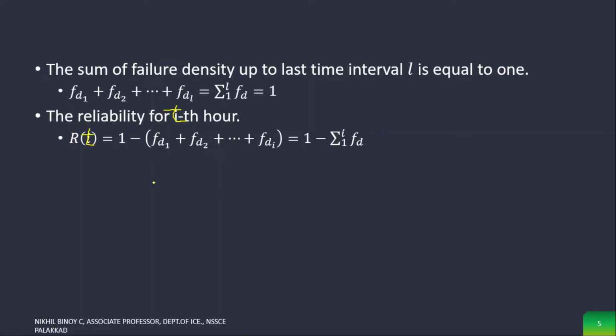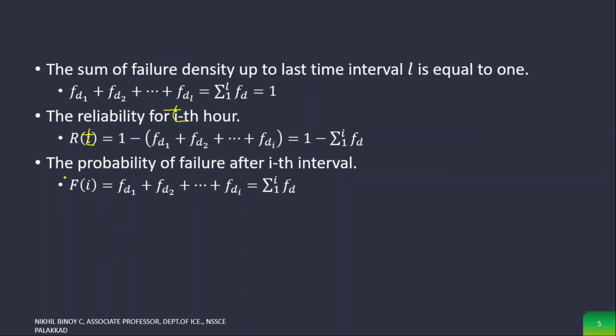Now if we have reliability, we can easily calculate probability of failure. Probability of failure for the tth hour is equal to 1 minus R of t. So the probability of failure after the ith interval or after the tth hour, both are correct. F of I is the cumulative failure. If you want probability of failure, just write P of f of I, that is equal to fd1 plus fd2 plus etc. plus fdi, that is equal to sigma 1 to I fd.